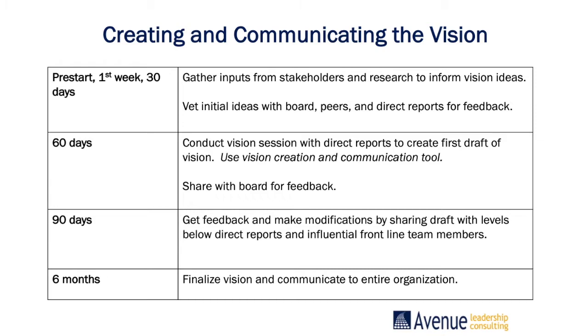At 90 days, get feedback and make modifications by sharing your draft vision with levels below your direct reports and any influential frontline team members or leaders. At 6 months is really when you might be closing in on finalizing and communicating your vision to the entire organization.